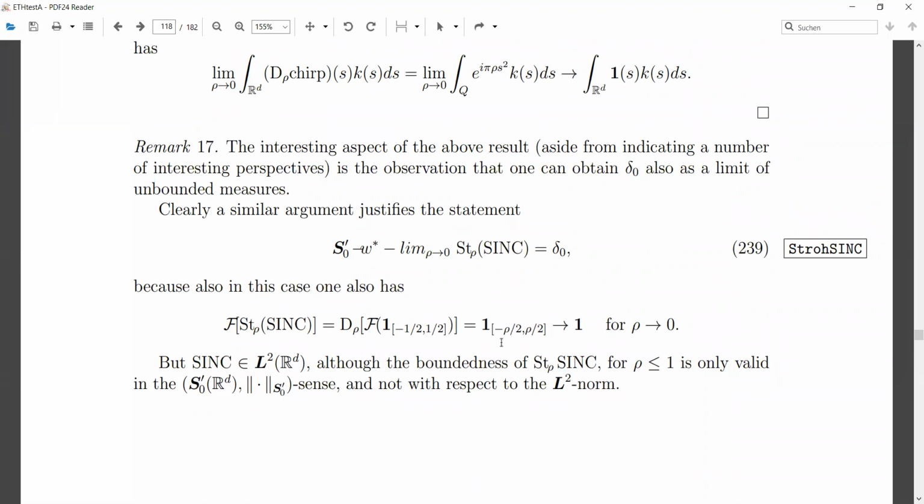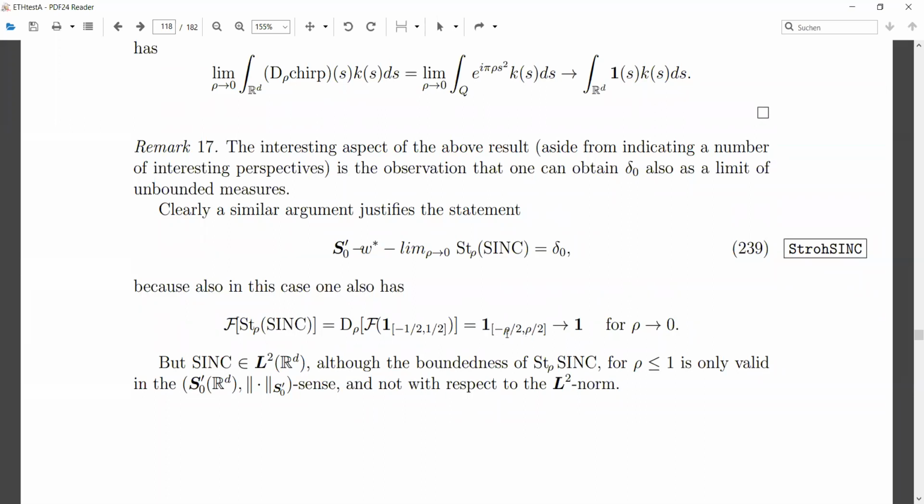Now, once you are making rho so small, I see there is a problem here. D rho, it should be minus 1 over 2 rho up to 1 over rho. So either I write here rho to infinity, which is not good. So there's something I have to correct.